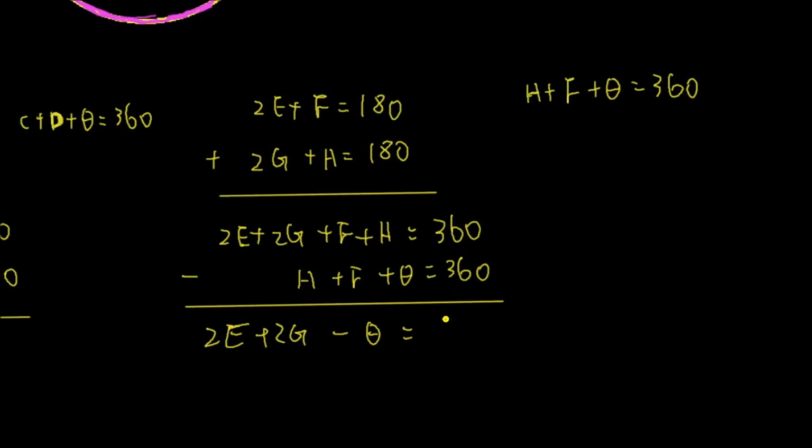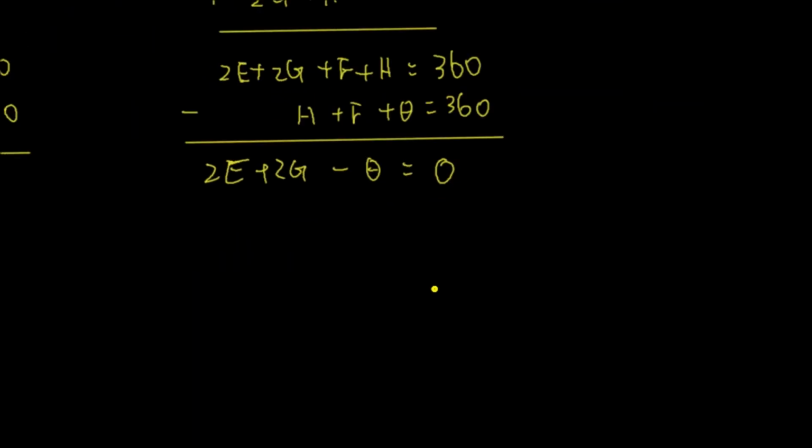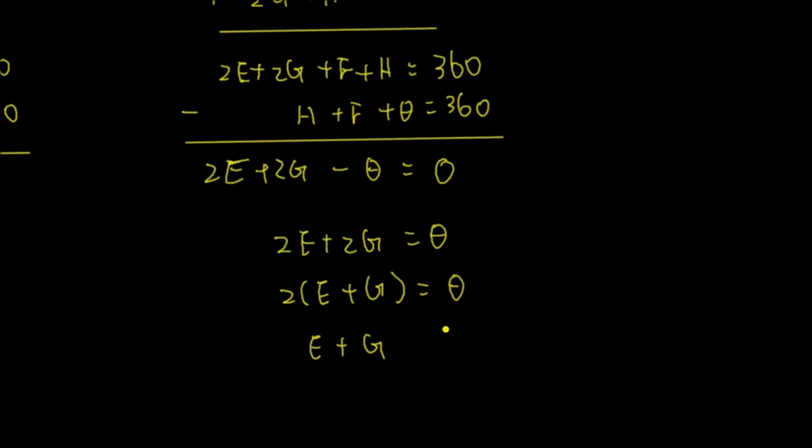On the right side, 360 minus 360 is 0. So what we can do now is add theta to both sides. We have 2E plus 2G equals theta. Factor the 2 out: 2 times E plus G equal to theta. Then divide both sides by 2 to isolate E plus G, which is equal to theta over 2.